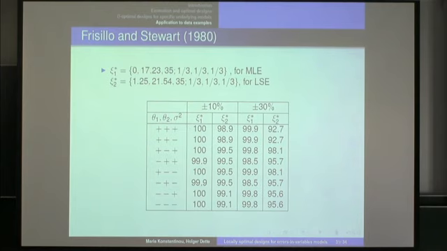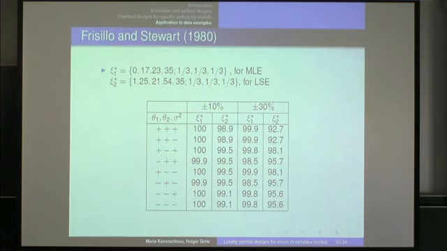So for these values, the locally D-optimal design, including the error in the covariates for the maximum likelihood estimation, is given by Xi1, and the corresponding saturated design for least squares estimation is given by Xi2, and the table gives the efficiencies of these two designs when the parameters are misspecified. Theta 0 doesn't affect the design, so that's why it's not included.